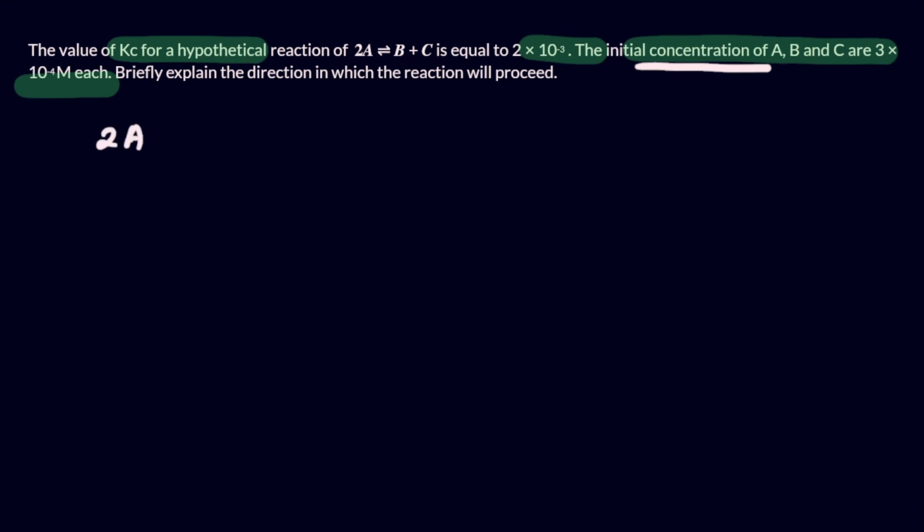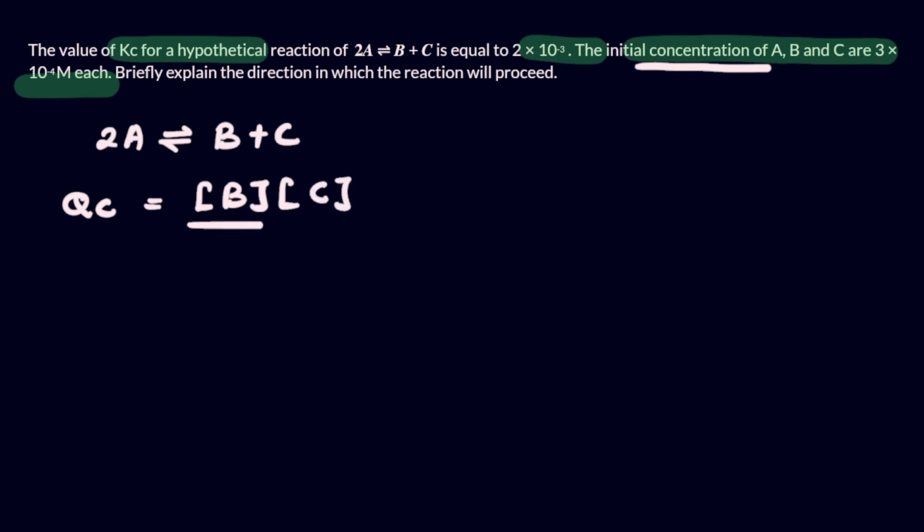You were given the equation 2A will produce B plus C. So your Qc should be equivalent to the concentration of B times the concentration of C in the product, divided by the concentration of A in the reactant, but because you have 2 here, you need to raise it to the power of 2.